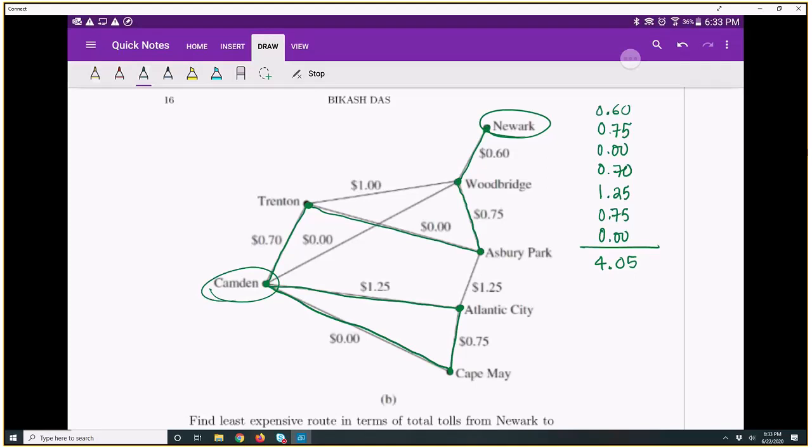The other path that we took last time was to go from Newark to Woodbridge, from Woodbridge to Trenton, and no, in fact, I think that might be less expensive. Let's try that. So we could go from Newark to Woodbridge, which is going to be 60 cents. Then from Woodbridge to Asbury Park is 75 cents.